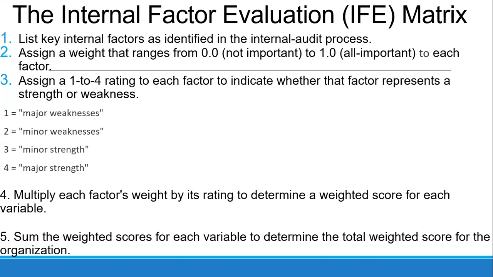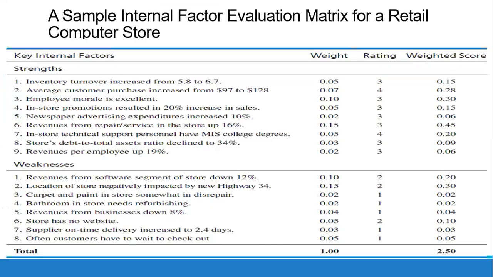The implication is that anytime you are getting lower scores after the summation, a lot of attention must be paid to those specific internal factors in order to improve upon them, thereby guaranteeing the level of competitive advantage that the firm cannot otherwise obtain.